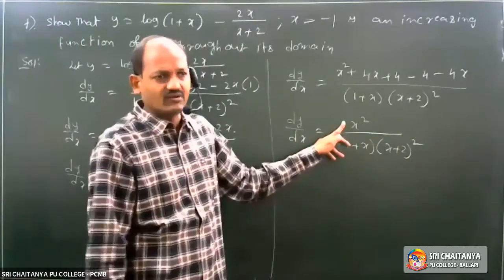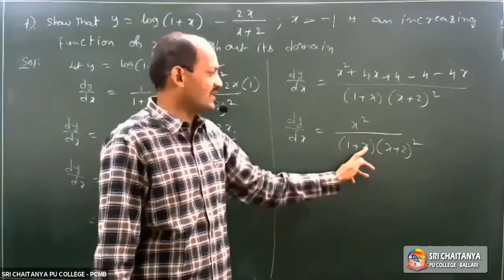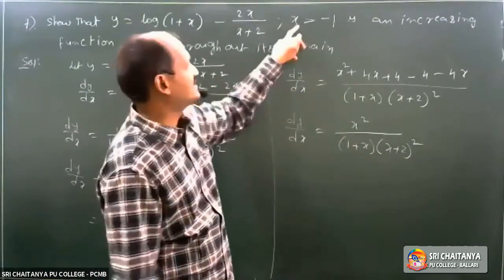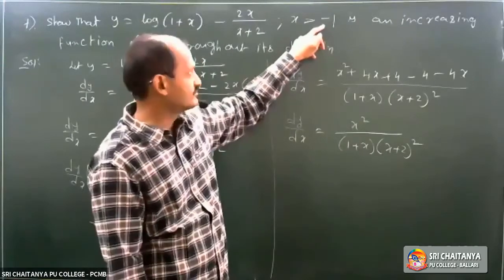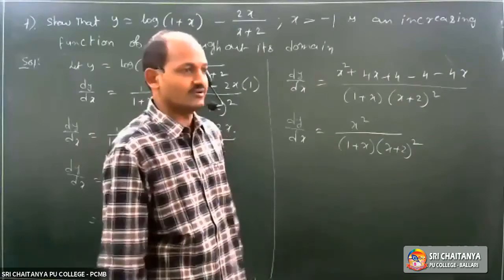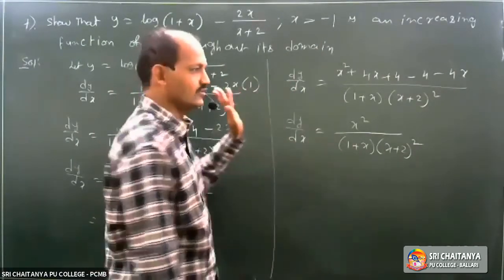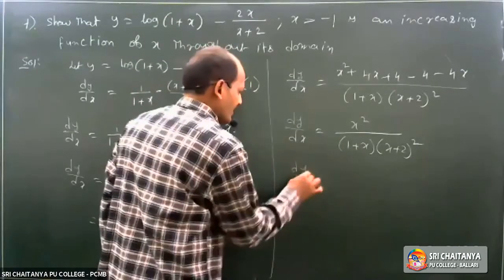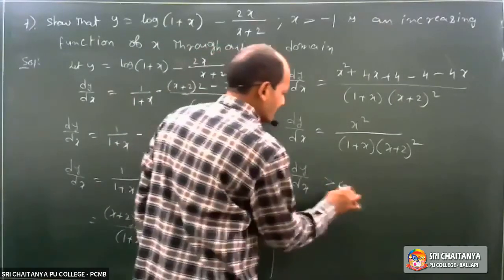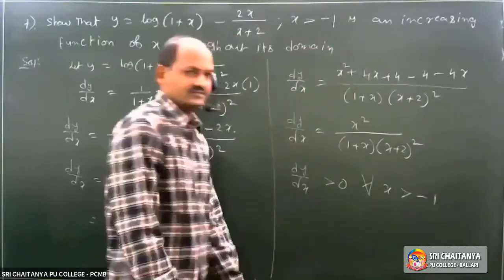The numerator value is x square. If x is negative, we still get positive. Why? Because it is a whole square. Then 1 plus x: the given condition is x is greater than minus 1, meaning the remaining values 0, 1, 2, 3, 4 and so on. For all these values, the first derivative is positive. So clearly dy by dx is greater than 0 for all x greater than minus 1.